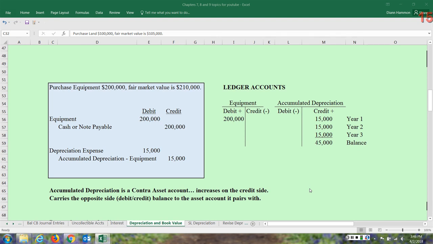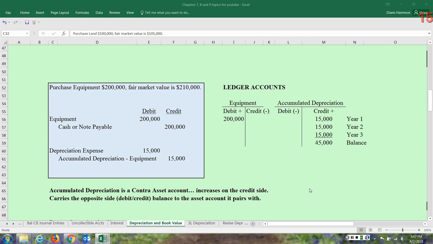Remember that depreciation does not necessarily measure the decline in the market value of the asset. It does not mean that the company can't continue to use the asset. It doesn't mean anything at all like that. It just means that we're going to be expensing off some of the cost of this asset over its useful life.